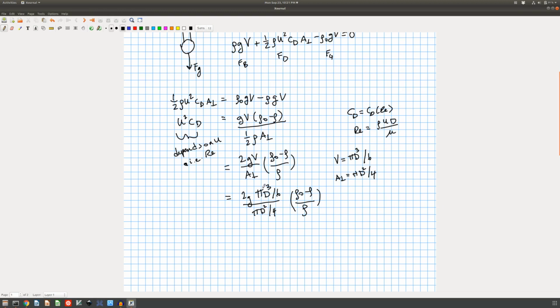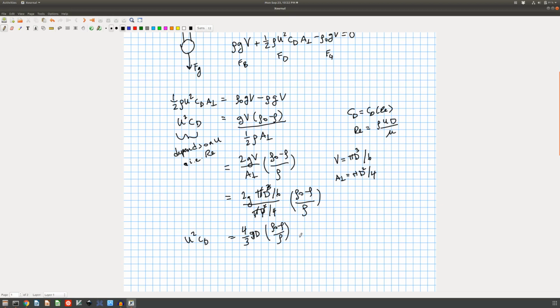Okay, now the pi's cancel, and these d's go away, and I get a single d left up here. And then the 4 comes in the top, so it'll be 8. 8 over 6 is 4/3. So now I'm going to get 4/3 gd, and now I have this rho 0 minus rho over rho. Okay, so this is just algebra I'm doing. And over here I have u squared CD.